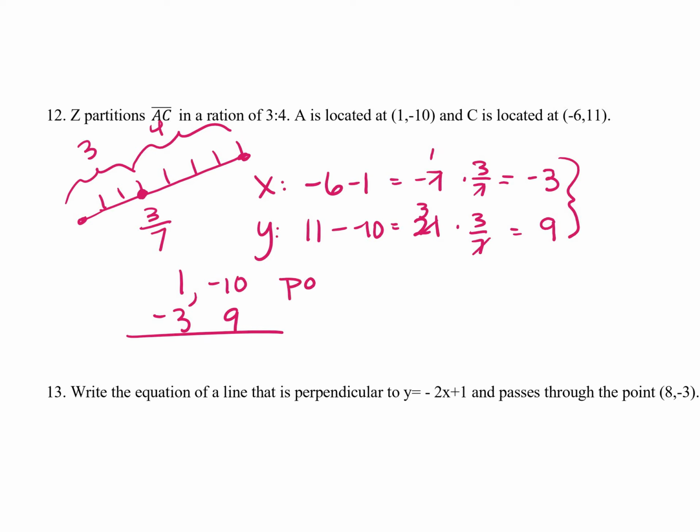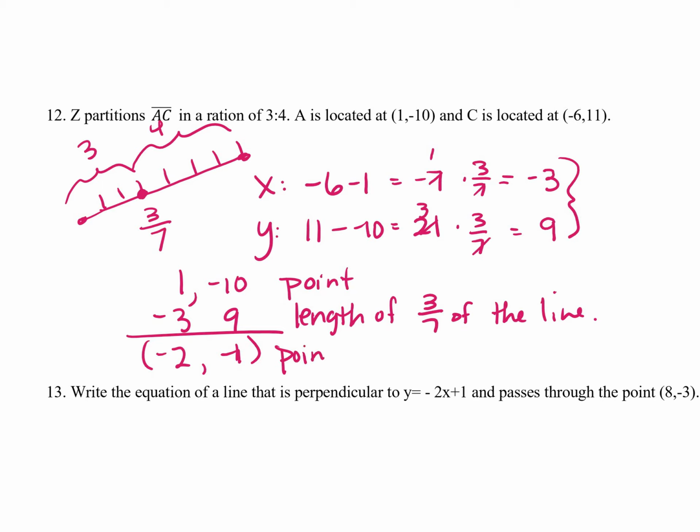So this is the point that we started at, and this is the length of 3/7 of the line. Add these up, I get (-2, -1), and that is the point that partitions into a 3 to 4 ratio.